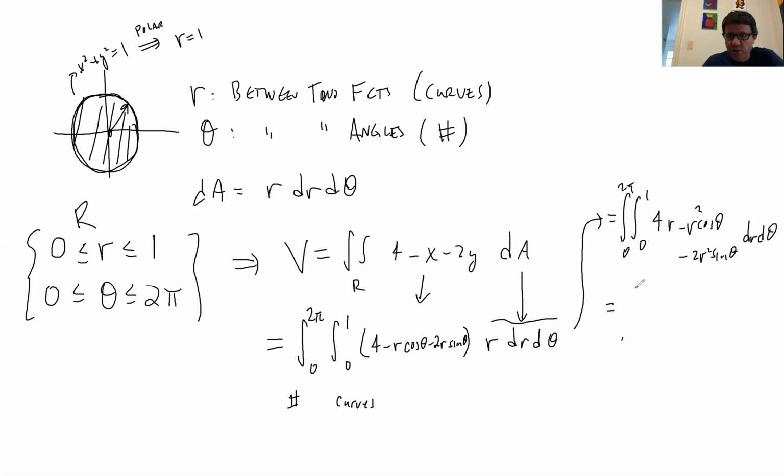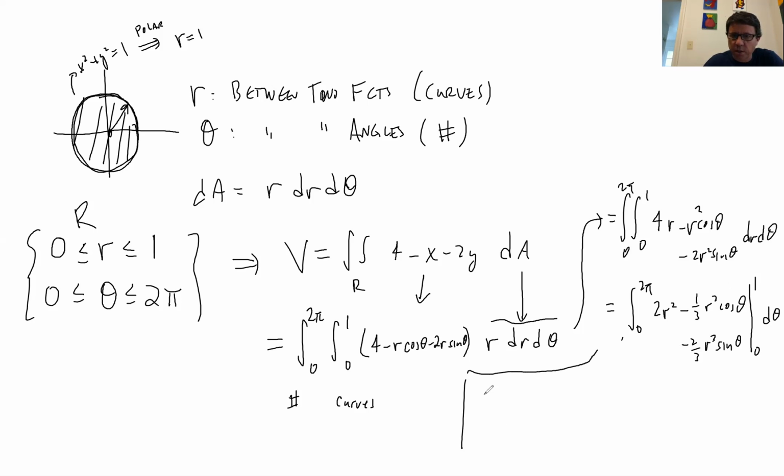So just for completion's sake, if we integrate this, 4r will become 2r squared. This will become 1/3 r cubed cosine. The other one will be 2/3 r cubed sine. And then we plug in the bounds from 0 to 1 for r. Those are r numbers. So we get the integral from 0 to 2 pi.